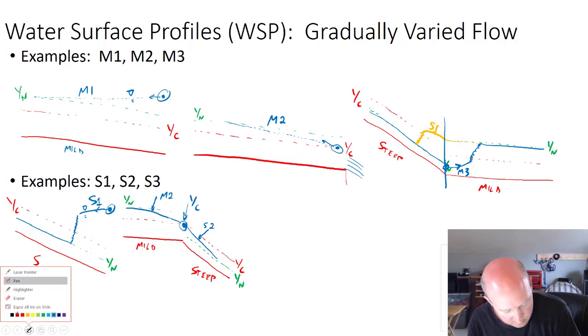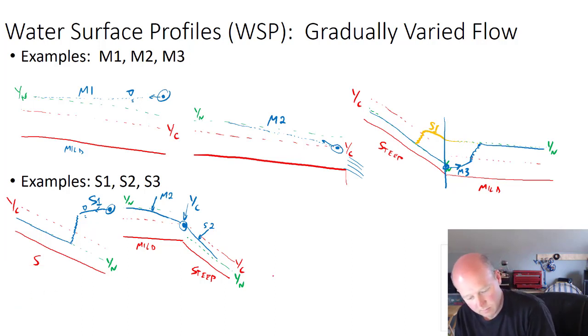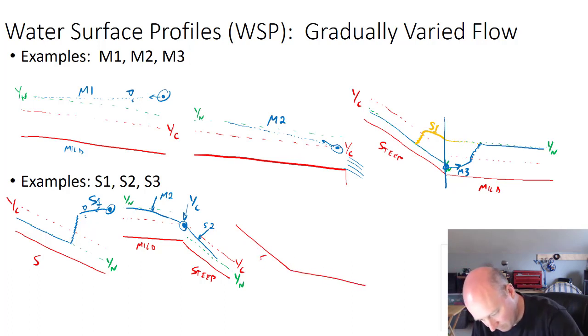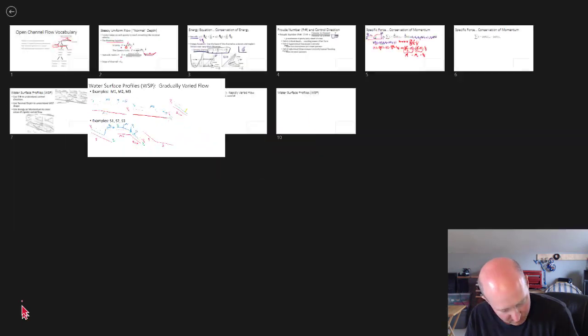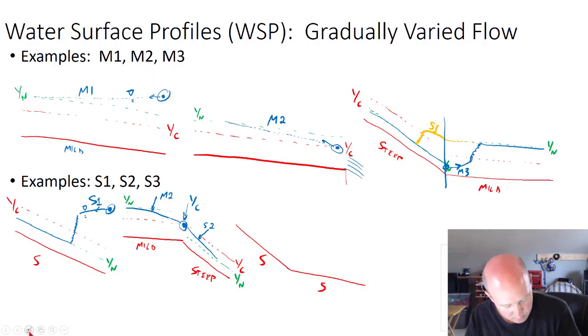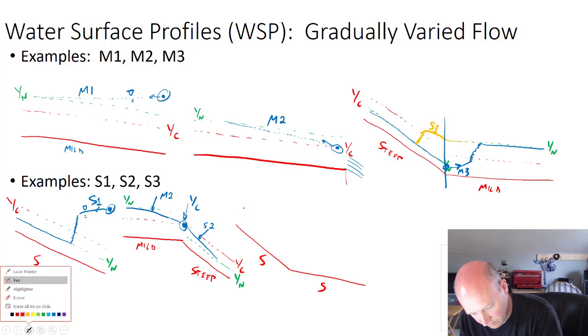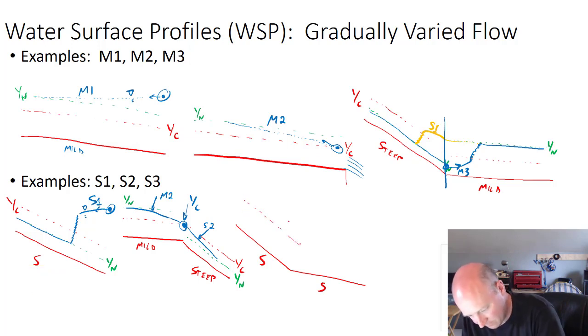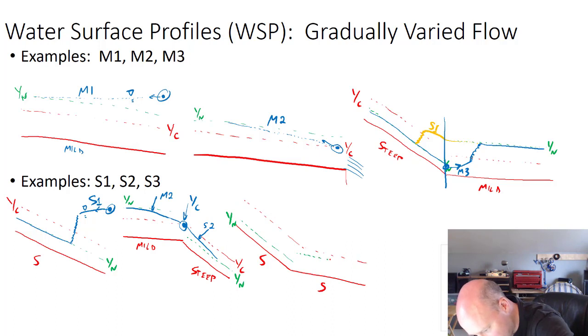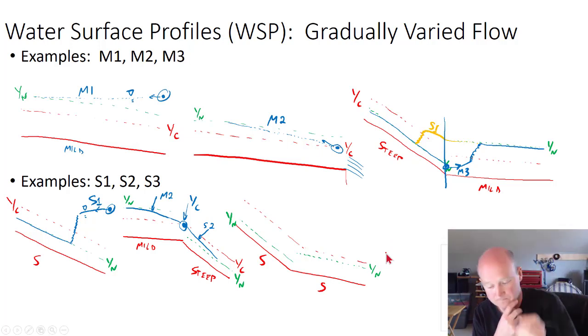And then lastly, the S3 curve is like a really steep slope going into another steep slope. And so critical depth is going to be the same on both the slopes. So the normal depth in the steeper section is shallower because the water can move faster.